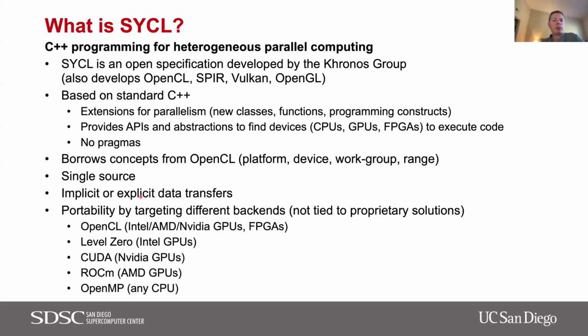And the portability is basically achieved by targeting different backends, right? So it's not tied to proprietary solutions, so it provides this layer above, and so it can work with OpenCL.